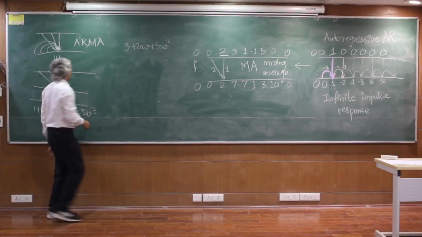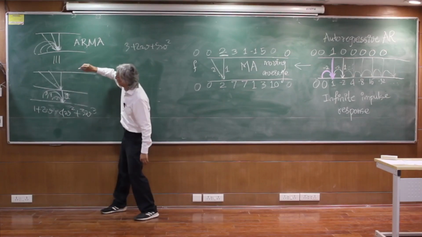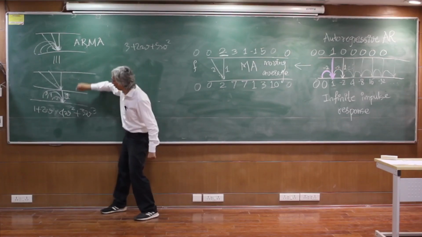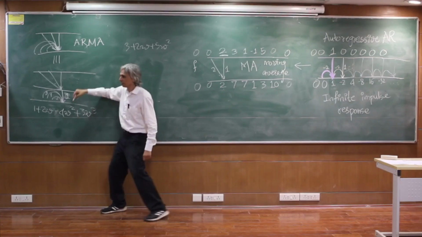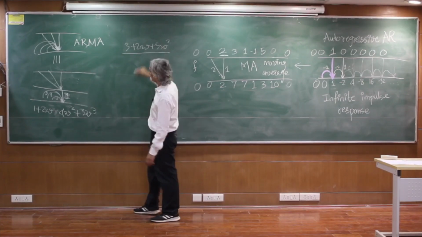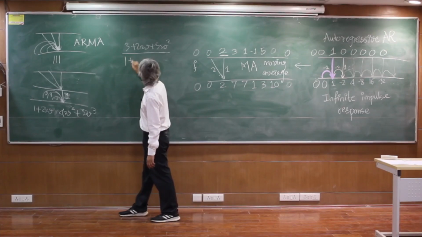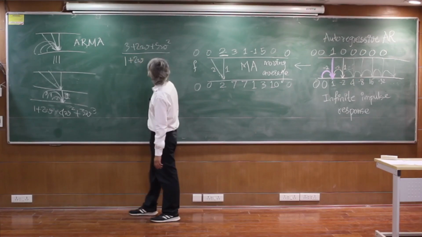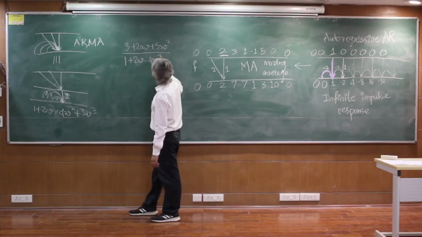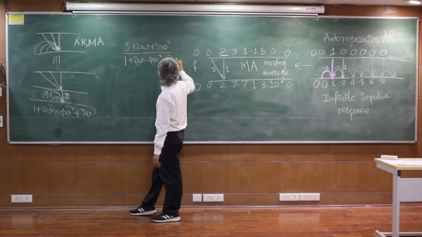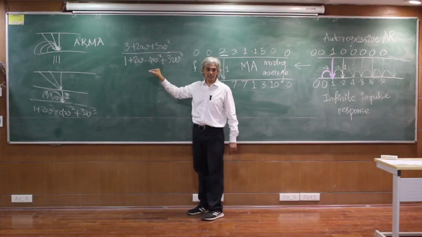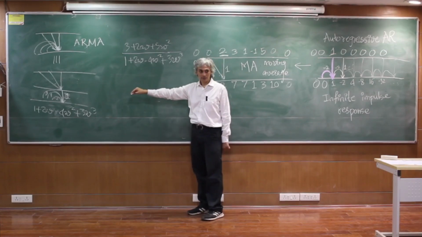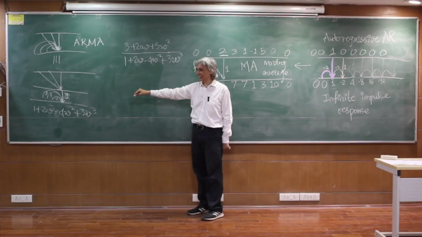Okay. So now, what is the W representation of both of these cascaded to each other? It's just the multiplication of the two, which means you take this and divide by 1 plus 2W minus 4W square plus 3W cube. This is the W representation of the ARMA filter. Right?